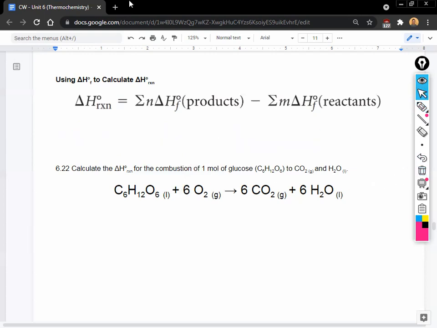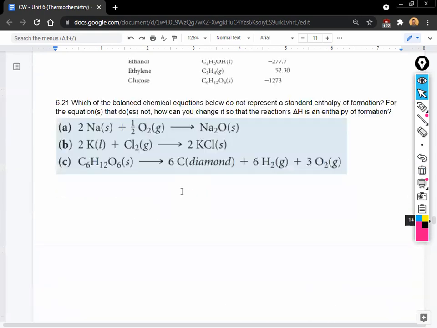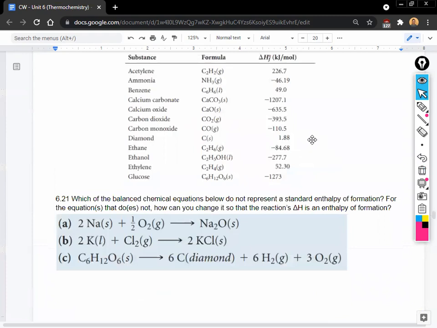Okay, so let's go back to that table. What is the enthalpy of formation for glucose according to this? Yeah, so if you take a look at it, it's negative 1273. You guys see it at the very bottom right here?